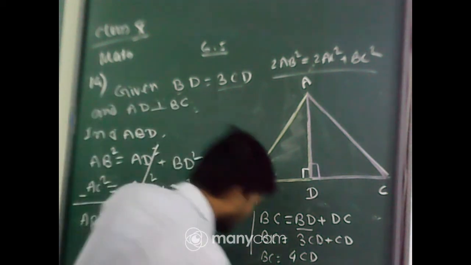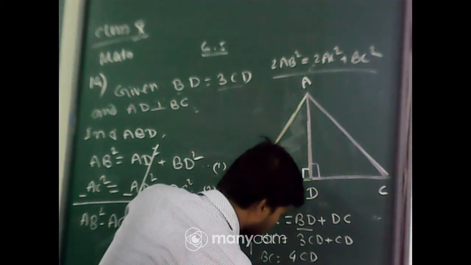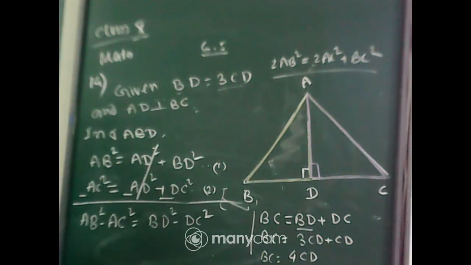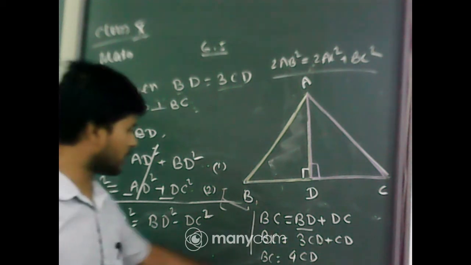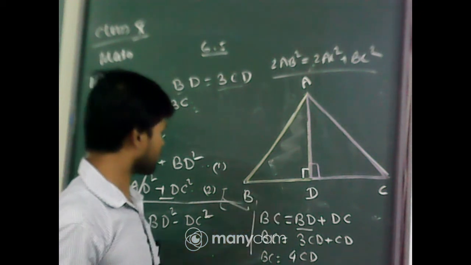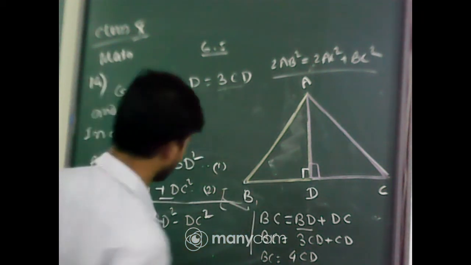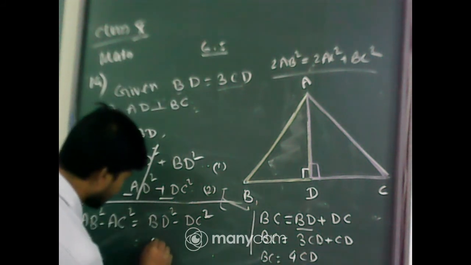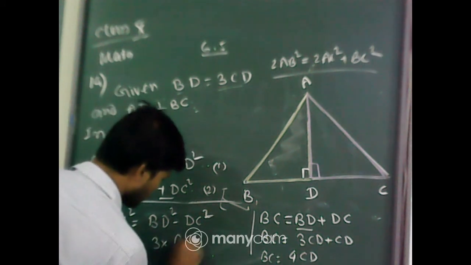That means from here, what is the value of CD? This is actually BC by 4. So DC equal to BC by 4. Similarly, we will find out the value of BD. BD equal to 3 of DC, so that is 3 into BC by 4.